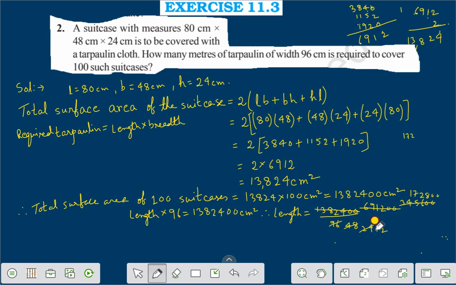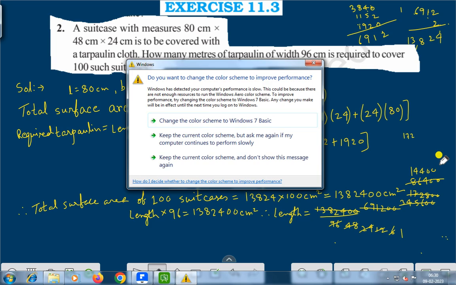Or you can divide it by 2, then by 6, and we are getting 14,400 centimeter.